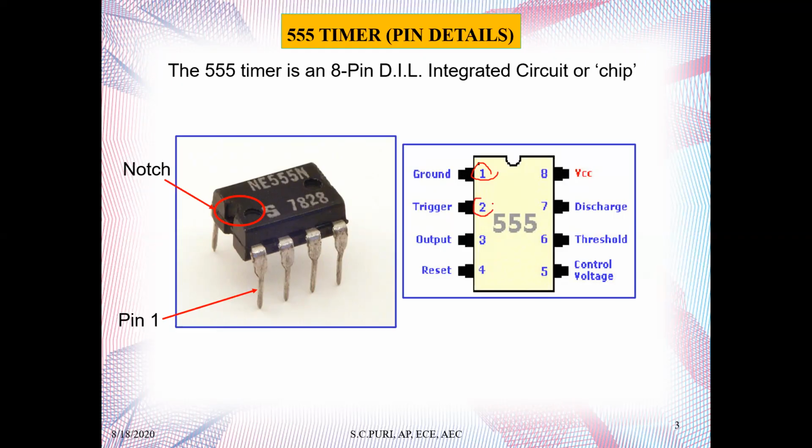Pin 2 is the trigger, the negative input to comparator number 1. Now a negative pulse on this pin sets the internal flip-flop. You will see this in the circuit diagram. When the voltage drops below 1/3 VCC, it causes the output to switch from a low to a high state.